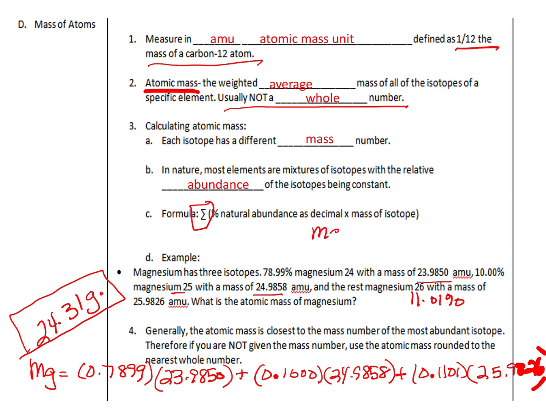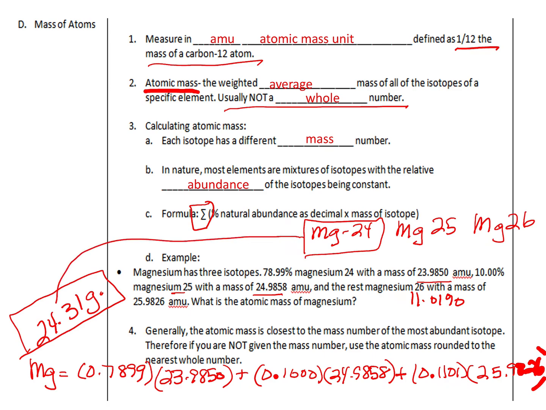So if we take a look, if we have magnesium 24, magnesium 25 and magnesium 26, without knowing the percentages, I could tell you that there is probably more magnesium 24 in this mixture than the other 2 isotopes, because my mass is closest to 24. And when you look at the actual percentages, you'll notice that 78.99% of it indeed is magnesium 24. And so most of it is magnesium 24.